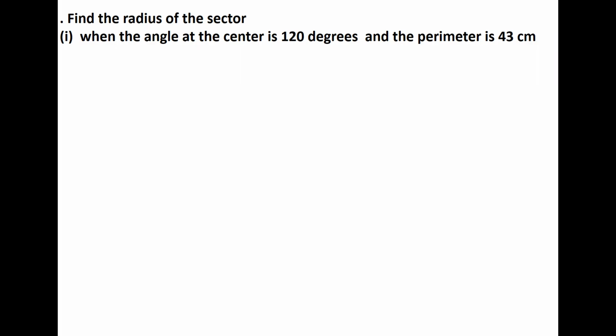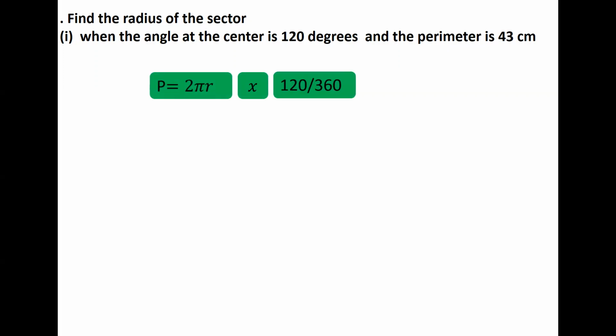You need to attempt, otherwise this subject is very difficult. When the angle at the center is 120 degrees and the perimeter is 43, what is the radius? So use the normal formula for perimeter, 2 pi r into fraction plus 2r. So 43 equals 2 into 22 over 7 times r into 1/3, plus 2r.